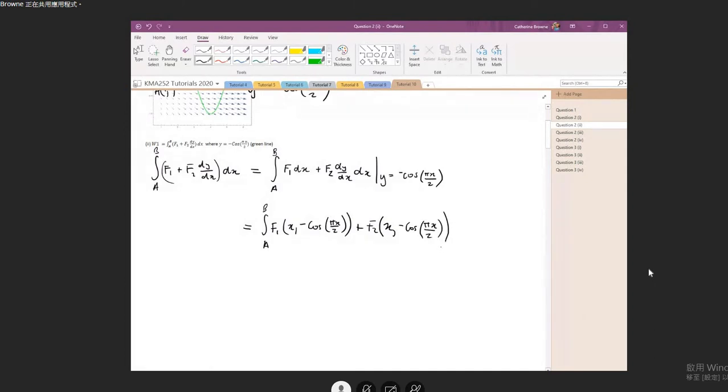And then in this case, my dy/dx is going to be, we get rid of the minus, because if you integrate cos, it's minus sine. We get pi on 2 coming from this constant in here, sine(pi x on 2) dx.